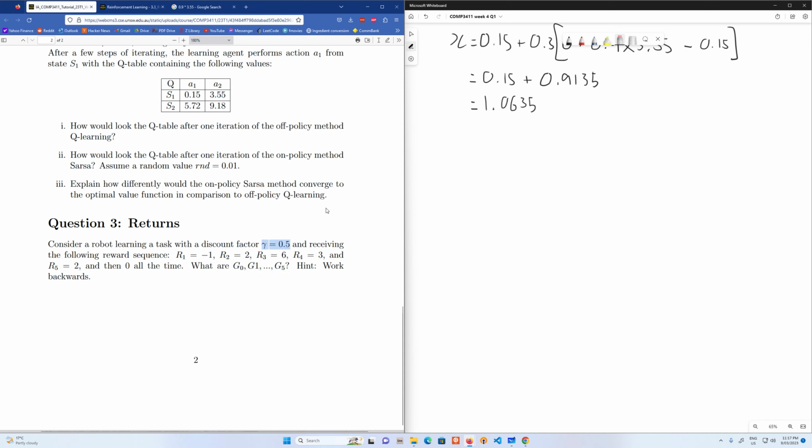So there's an easy equation you can use for problems like this called the discount return equation, and it looks like this. For any G at time step t, we have a summation. k ranges from 0 to infinity, and we have our discount factor out the front, raised to the power of k, and then our specific rewards.